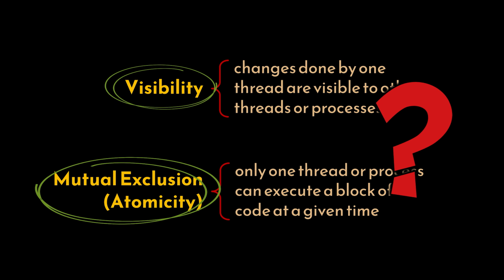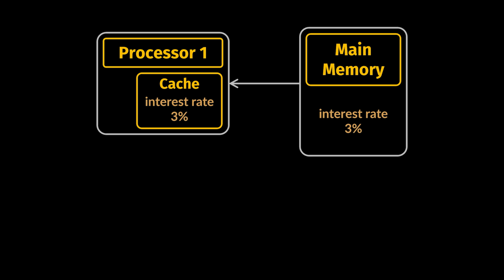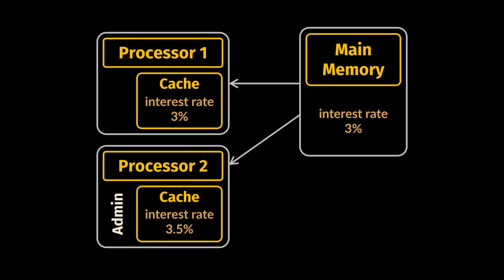Why would a variable be read differently by two processes? Imagine we have a shared variable, let's say an interest rate, stored in the main memory equal to 3%. The first processor reads it. It doesn't need to change it, just to apply it to a certain value in its program. Then another processor, say the admin processor, wants to increase the interest from 3% to 3.5%.